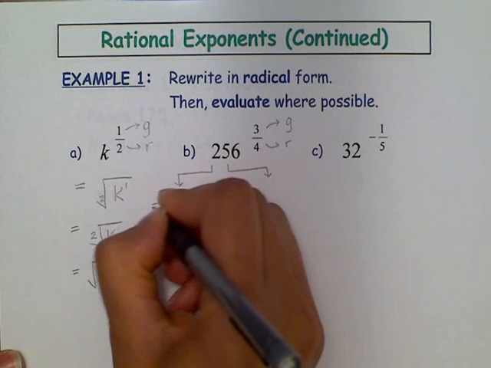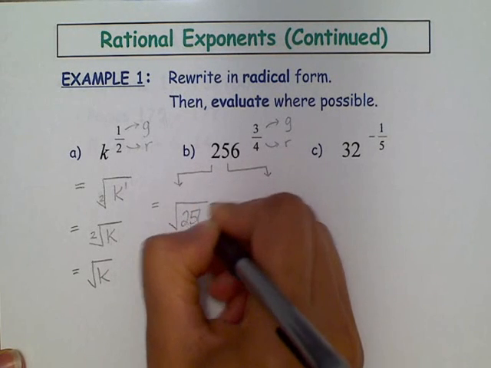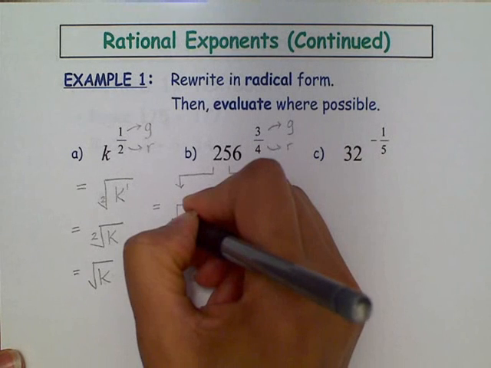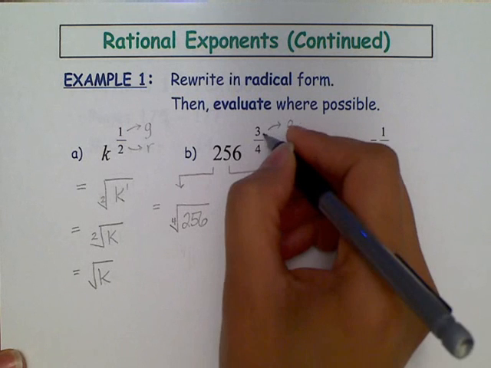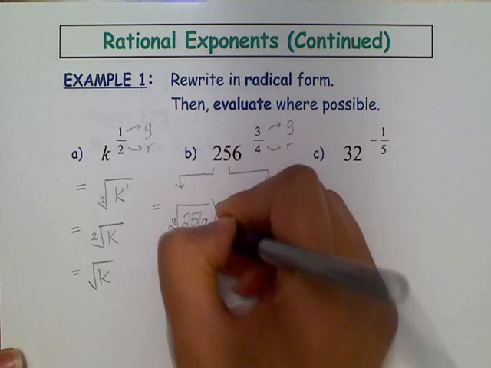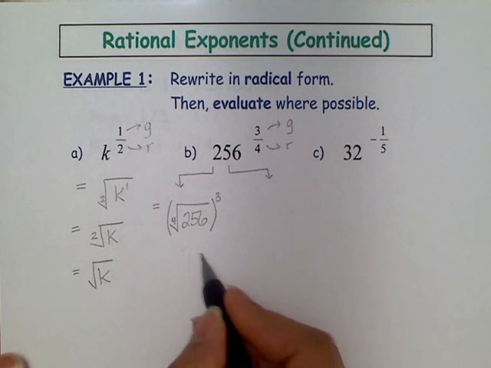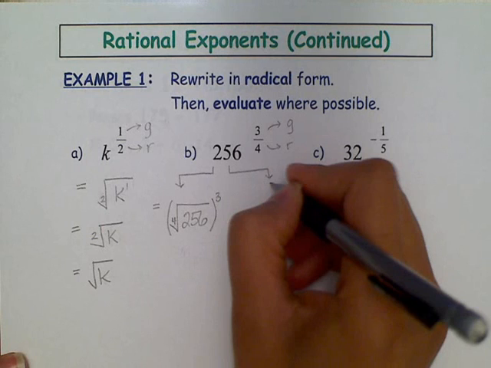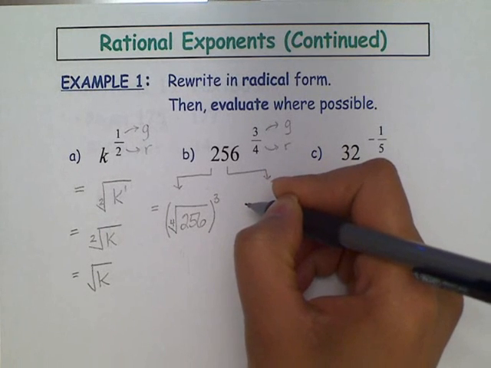So one way to write this, I'll start by writing 256 as my radicand. The 4 is in the denominator, so it represents the root or the index, and the 3 is the exponent, so that represents my growth. So in the first case, I'm looking at the root first and then the growth. And the second way, I'm going to show you how to do it by looking at the growth first and then looking at the root.